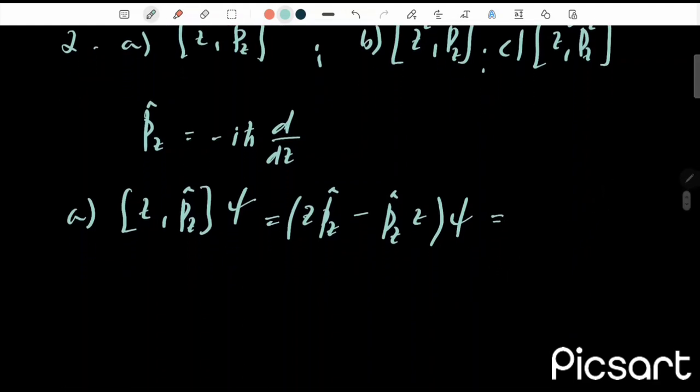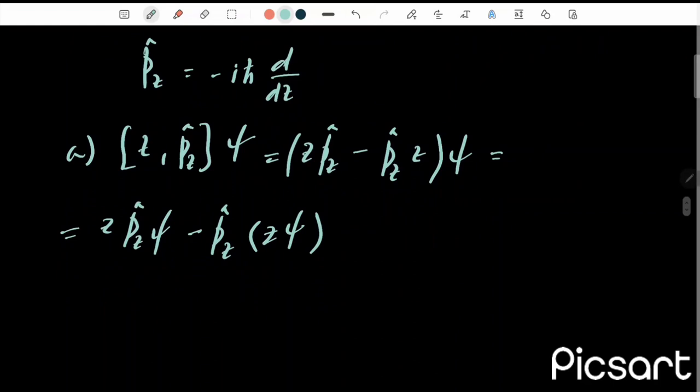Now this is z p z acting on the psi function minus p z acting on z times psi.